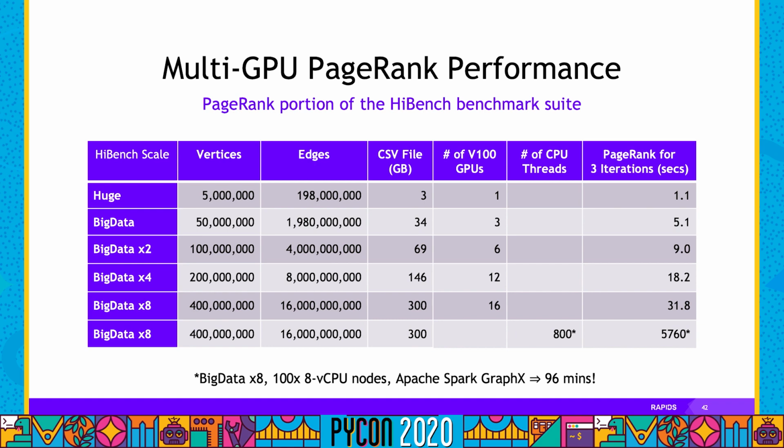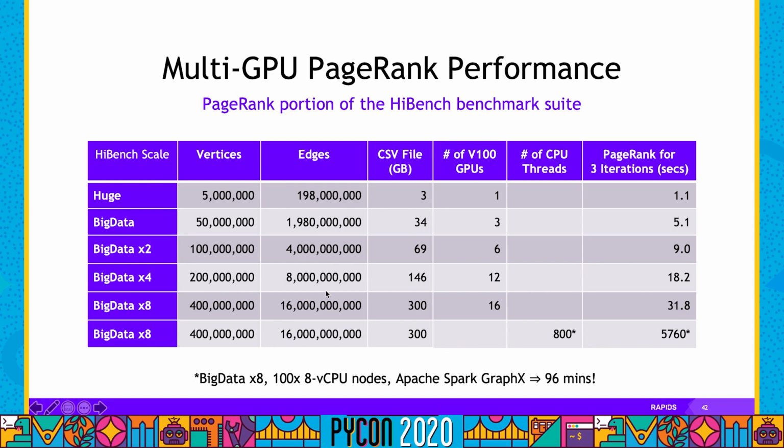So this is just for PageRank, and let's just go right to the bottom. This is the big data X8 data set with 400 million vertices and 16 billion edges, right? It's a 300 gigabyte CSV file. If you look at these last two rows here, the next to the last row is on the GPU. We used 16 V100s for this, and PageRank for 3 iterations took us 31.8 seconds.